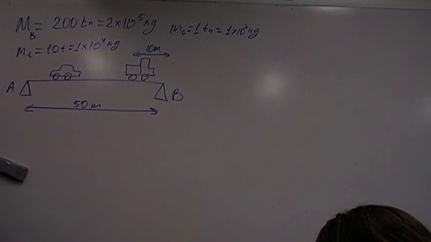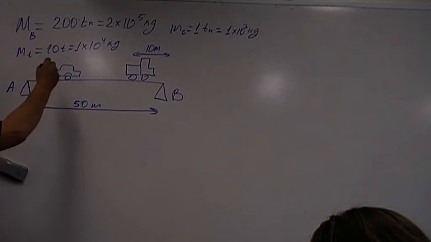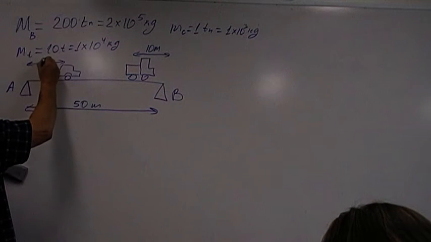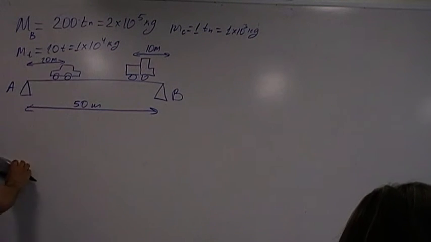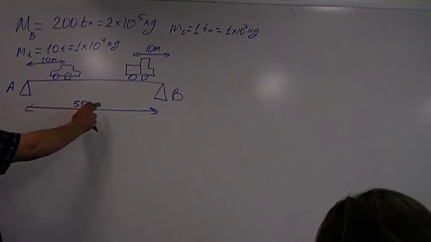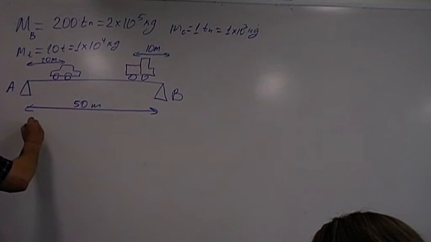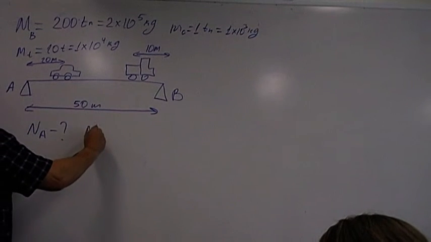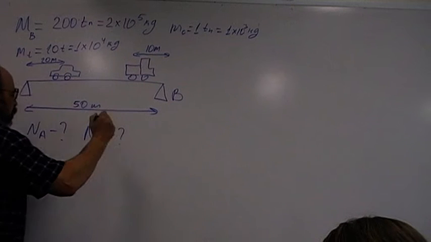And the distance from the car to support A, let's say will be 20 meters. The question is, what is the normal reaction at each of the supports? So what is the normal reaction at support A and support B?